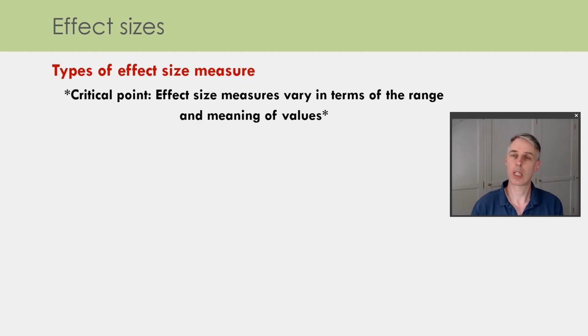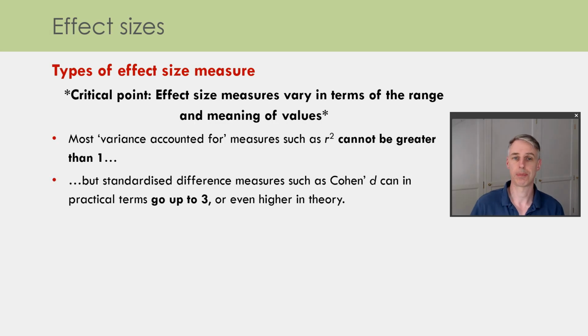One of the reasons for running you through the different types of effect size measure that you might encounter is to make this really important point: effect size measures can vary a lot in terms of the range and meaning of possible values.